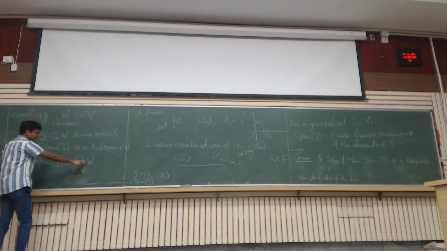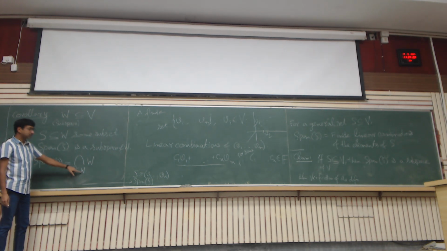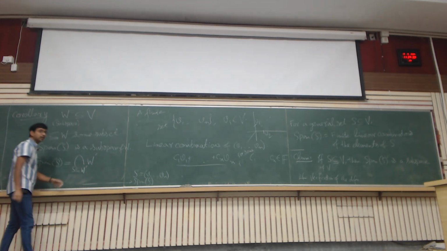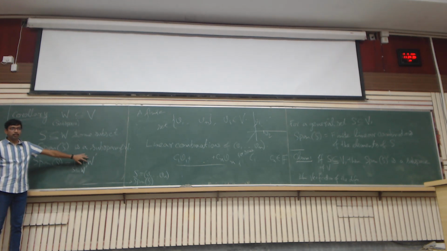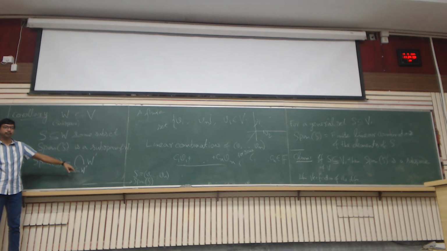Yes. So you are taking the intersection over all the subsets W which are containing this set S. If it is difficult, if it is the same W that is making a problem, call it W prime. Okay? So you are considering all such subsets of V which are containing S, and then you are taking the intersection of them.